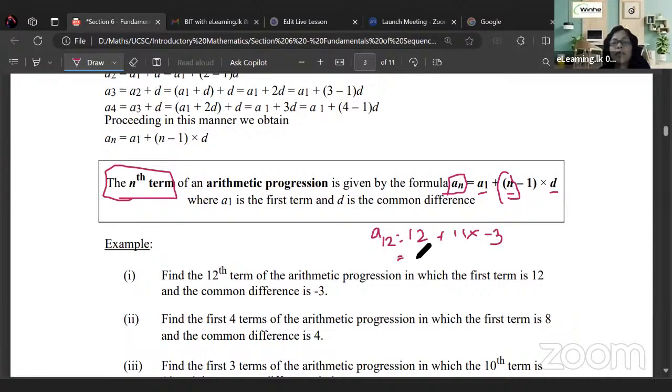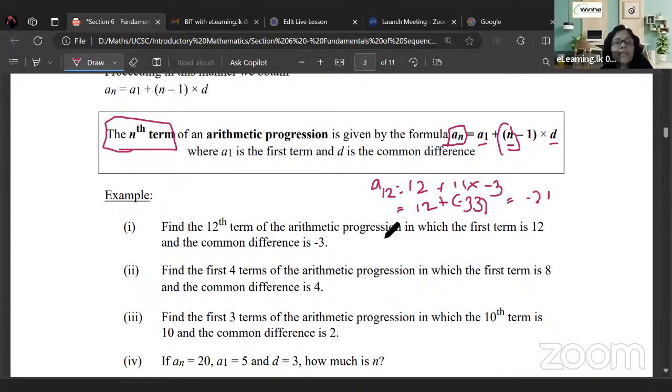Then 12 plus 11 into minus 3 is minus 33. 12 minus 33 means minus 21. Okay? Likewise, you can find the 12th term of this arithmetic progression.